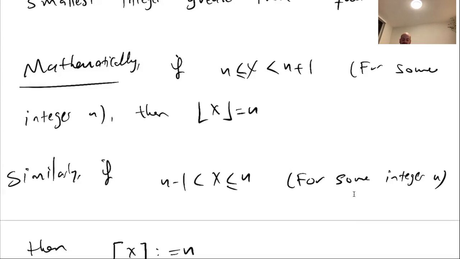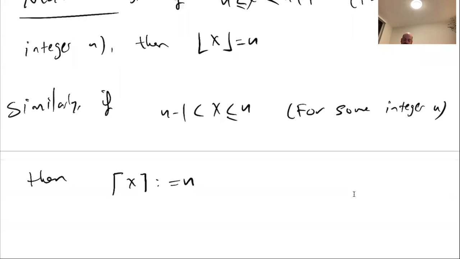Because, for example, n minus 1 is also less than x, but n minus 1 is not the largest integer less than or equal to x, because n is also less than or equal to x and is larger than n minus 1. And so on. So in this case, the floor of x is n.